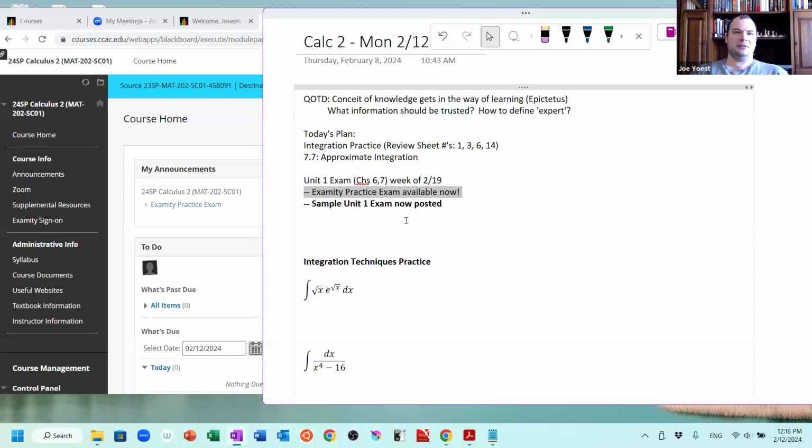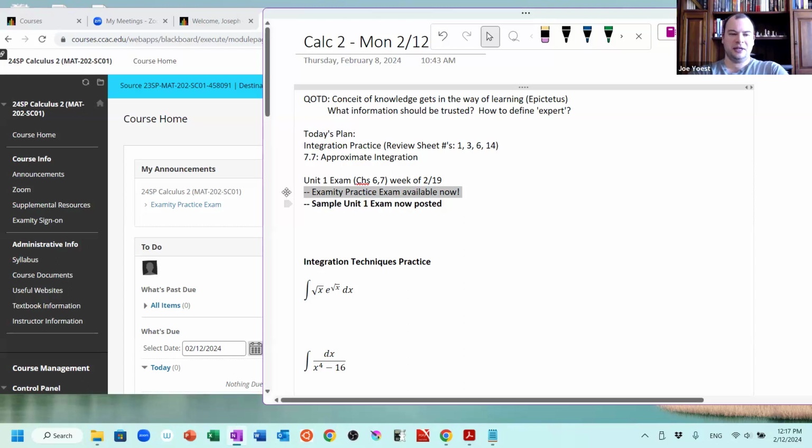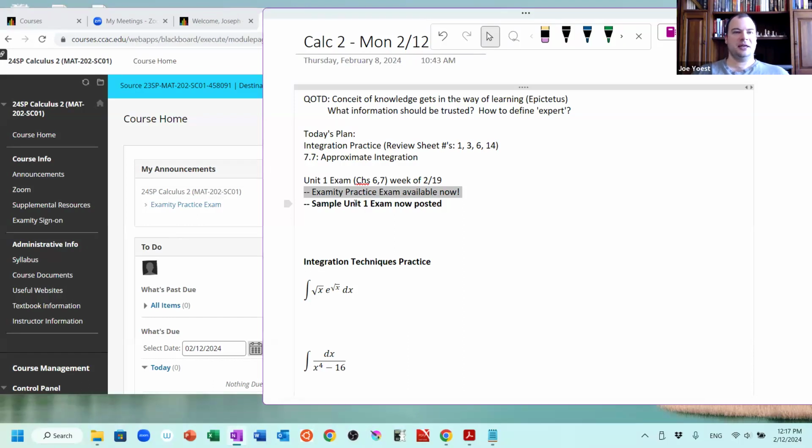The only purpose of that Examity practice exam is for you to go through the Examity process once: get over to Examity, get the account set up, learn how it works, and get anything fixed up with your computer that you need to. It's not graded by WebAssign and doesn't count for a course grade.